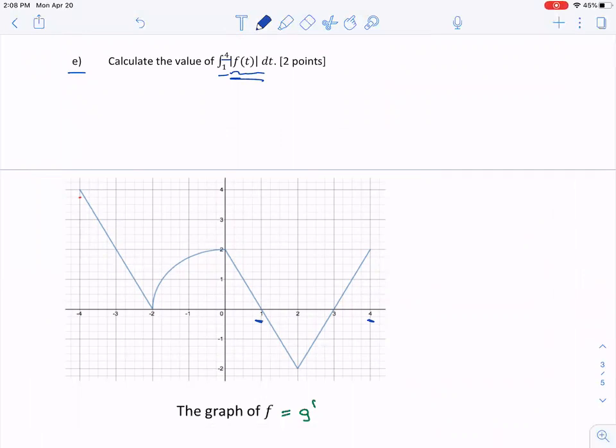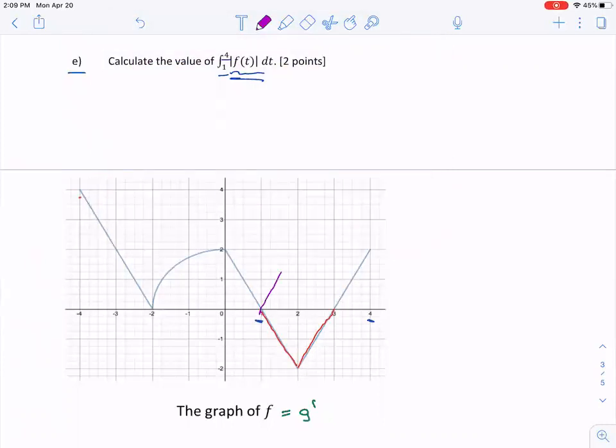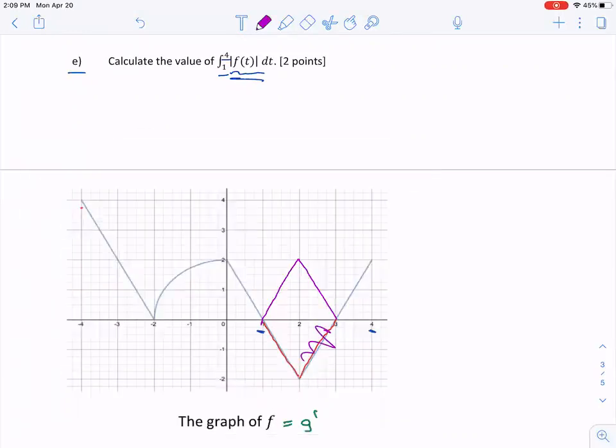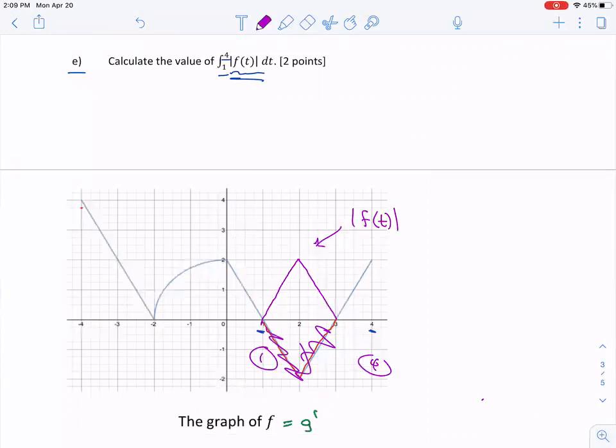So what I can do is take this segment that is below the x-axis where f of t is negative on that interval. And what I'm going to do is flip it. So now it's above. Okay, so now I'm looking at the absolute value of f of t from 1 to 4.